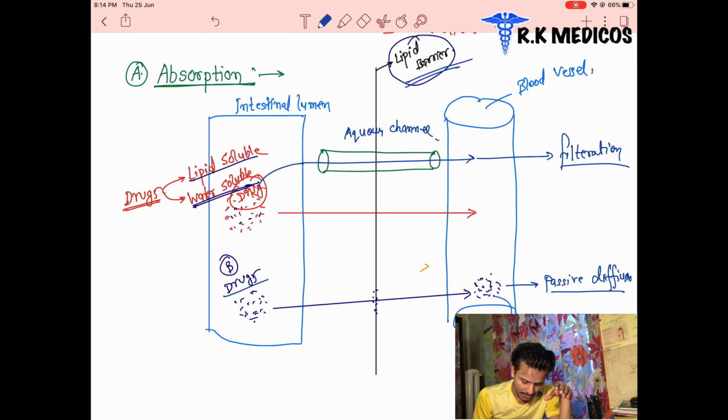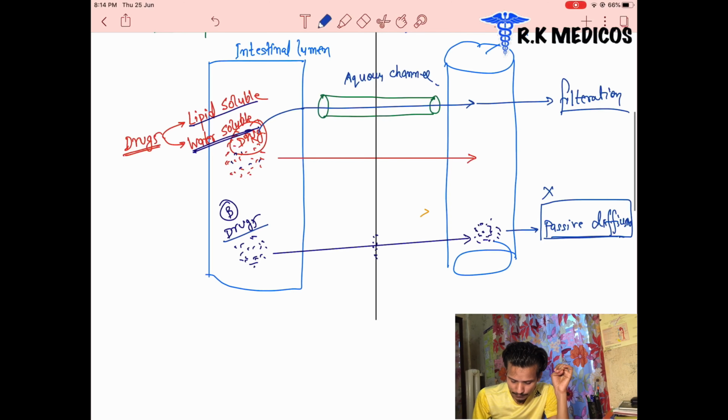The type B drug has no requirement of proteins, tunnels or channels for crossing and entering the blood vessels. That's why it is passive diffusion. No energy is required, and passive diffusion is basically crossing by itself.